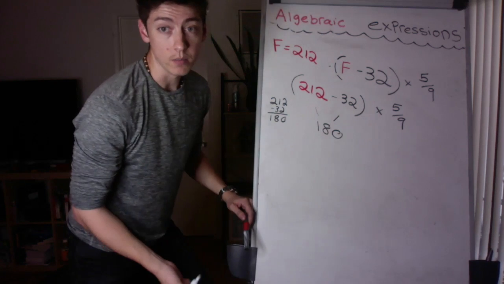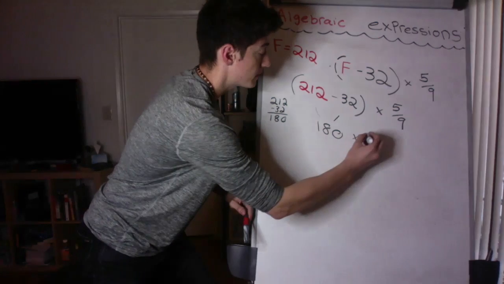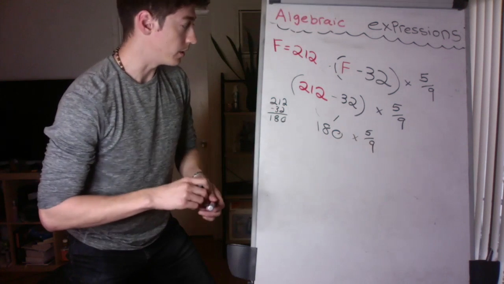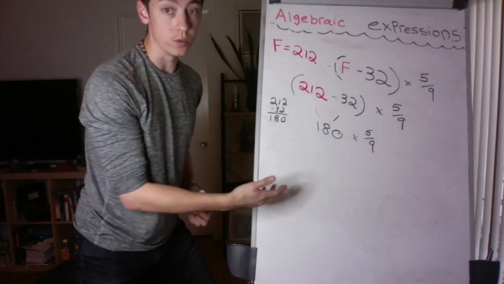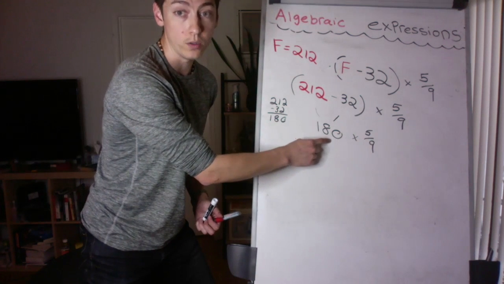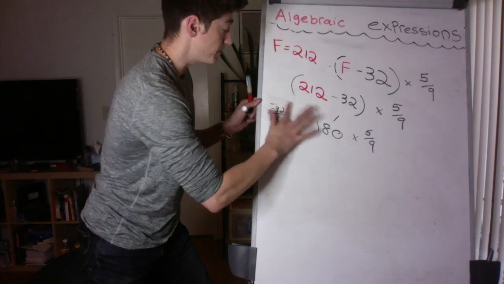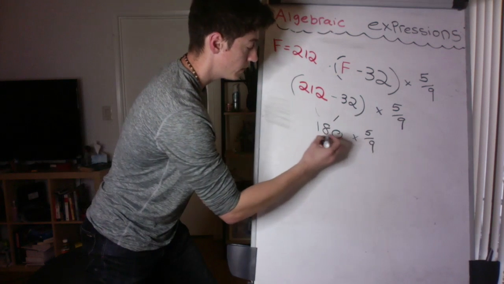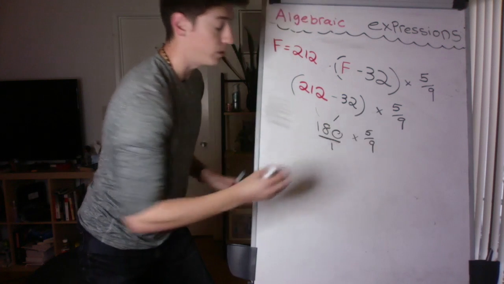And now we're ready to multiply by 5/9. Now there is a strategy that I'll use, and I'll show my students, when multiplying whole numbers by fractions. And that is putting an imaginary 1 underneath the whole number.